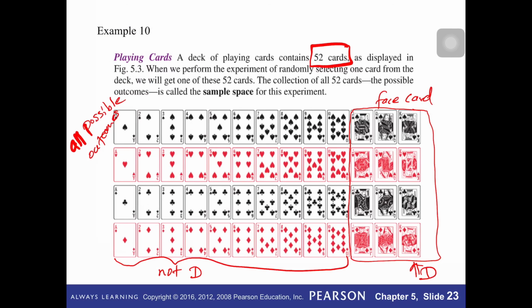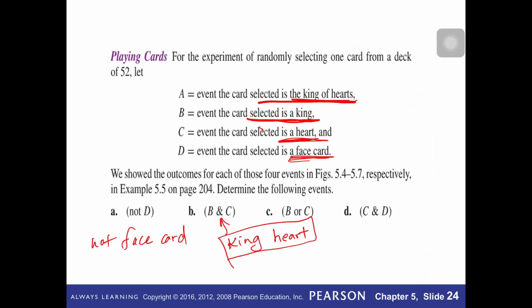So where's the king of hearts? See this one. So this is the B and C. Clear? This is really fun.